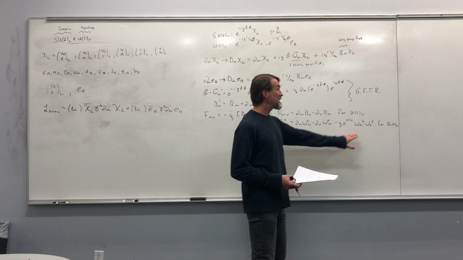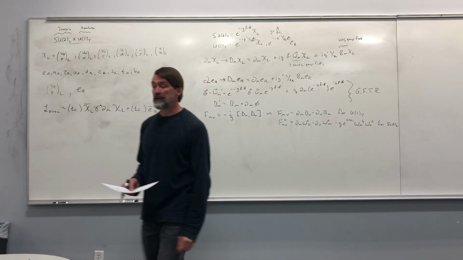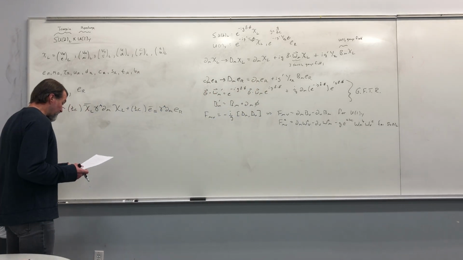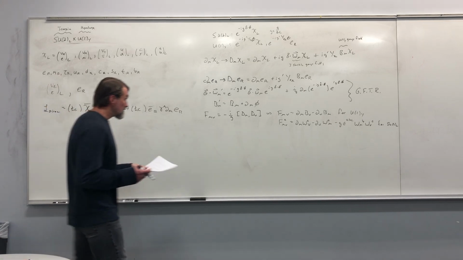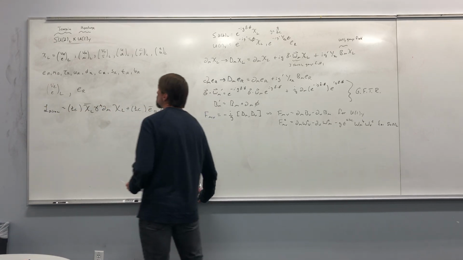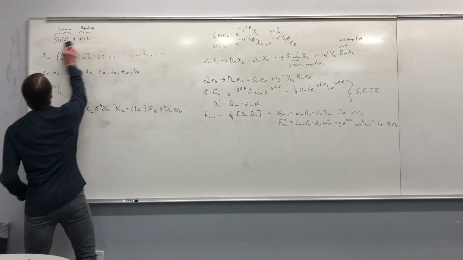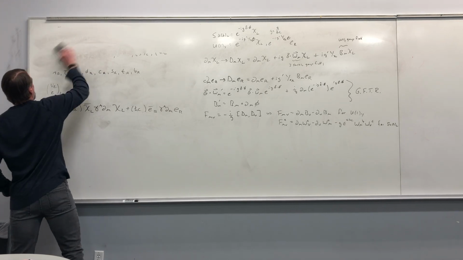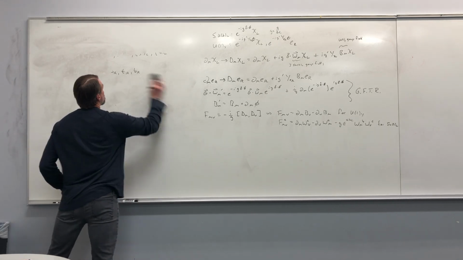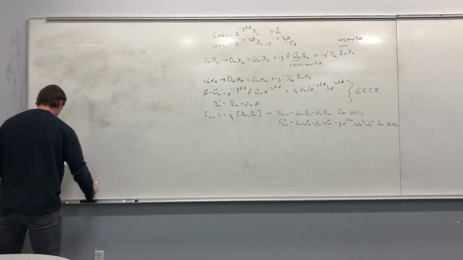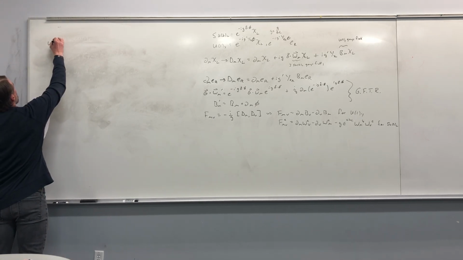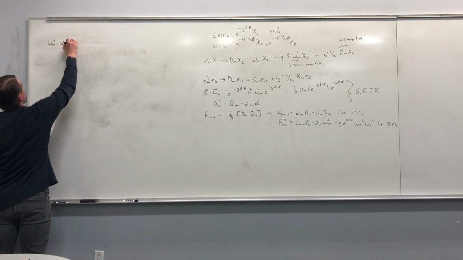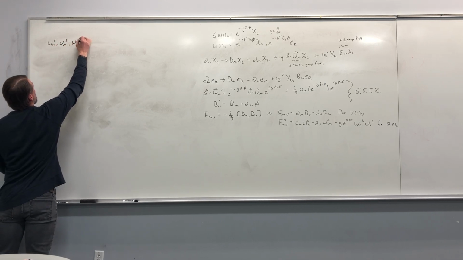But it's going to turn out to be an even more interesting part of the story. Let's follow this. We expect 3 gauge bosons, and let me go ahead and erase this. We expect 3 gauge bosons, so we'll call them W_mu^1, W_mu^2, W_mu^3.